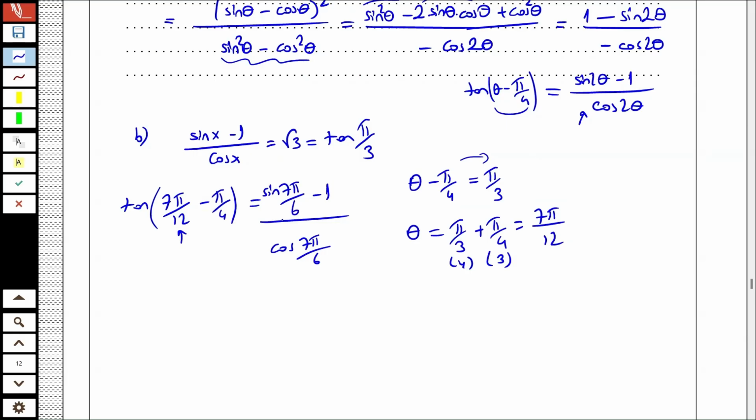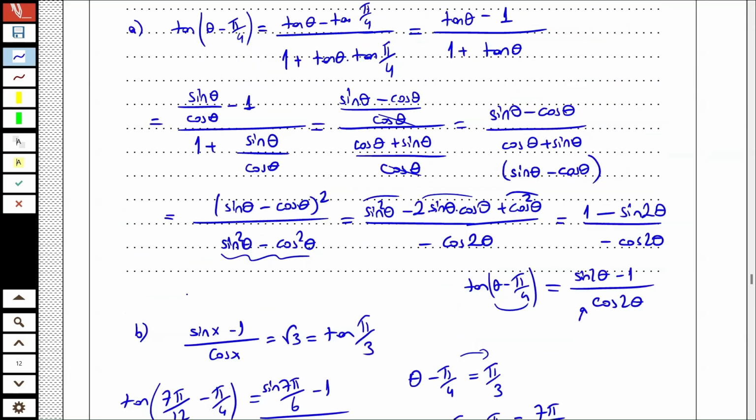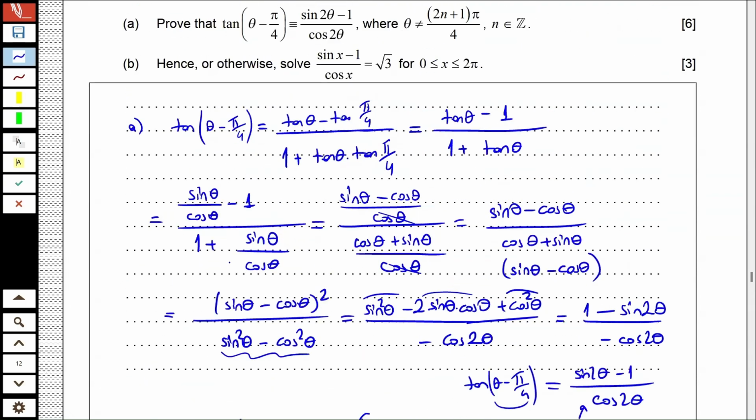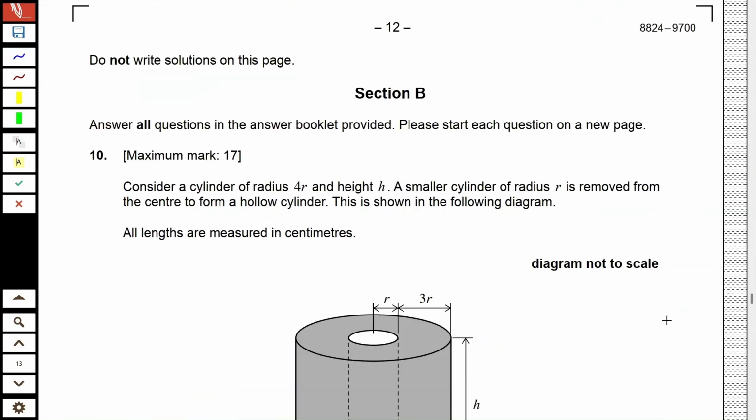So x equals, let's ask for x, right? Yeah. X equals 7 pi over 6.